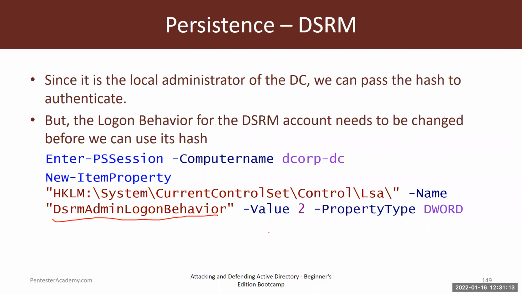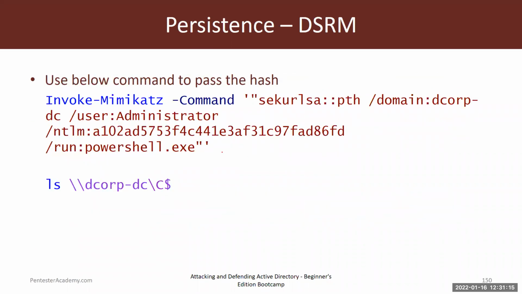After doing that, we can use pass the hash. Notice that in the domain parameter, we are passing just the DC name. Then you can access the DC as the DSRM administrator.